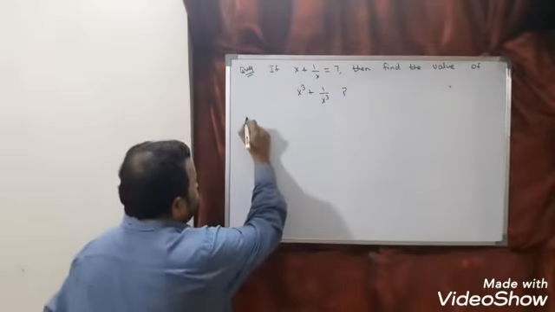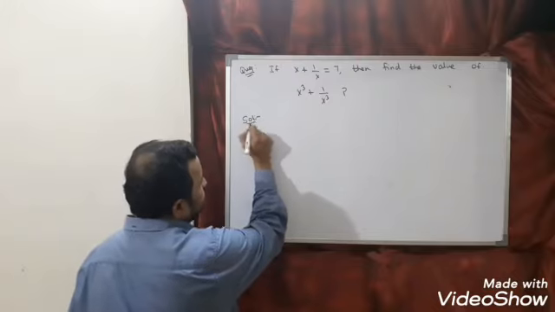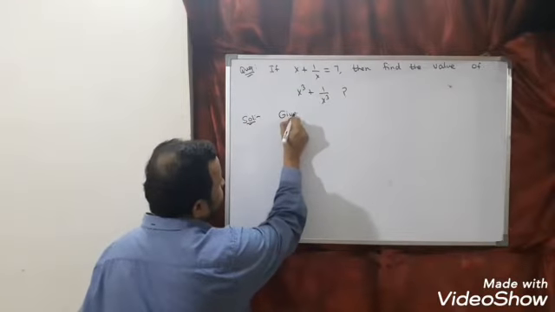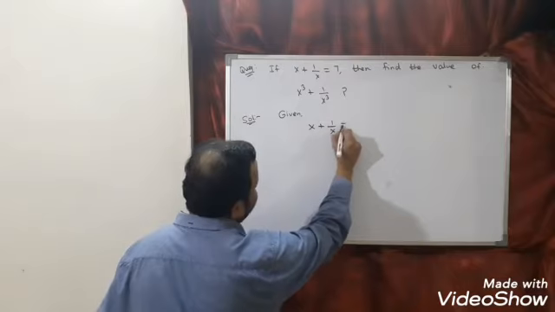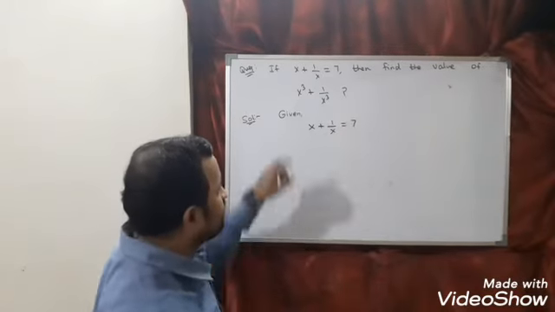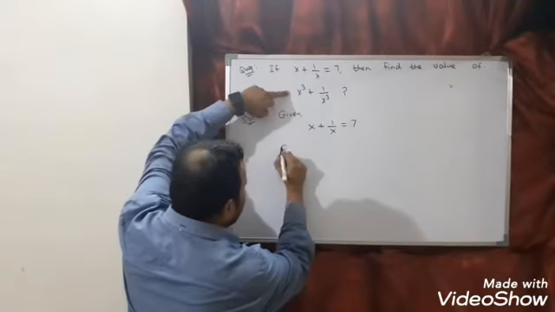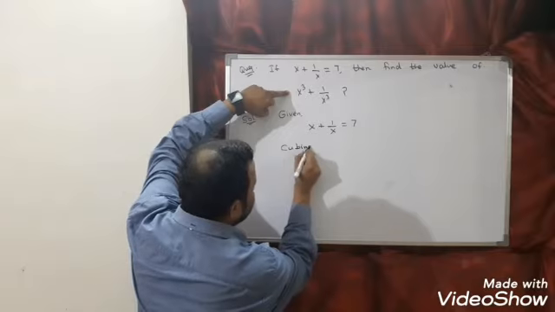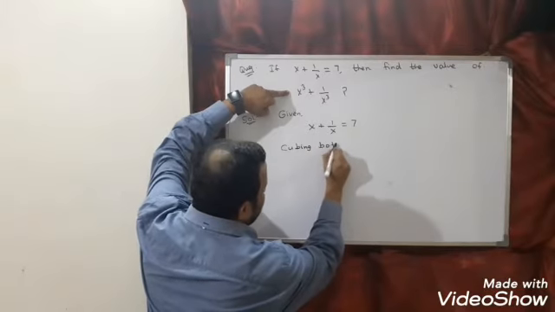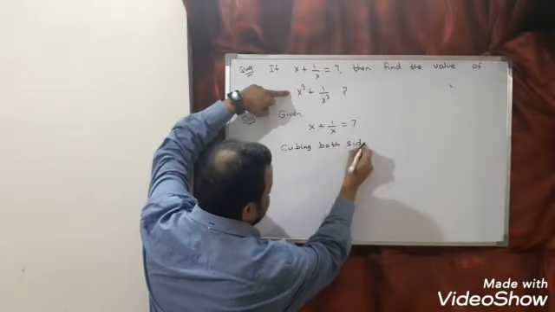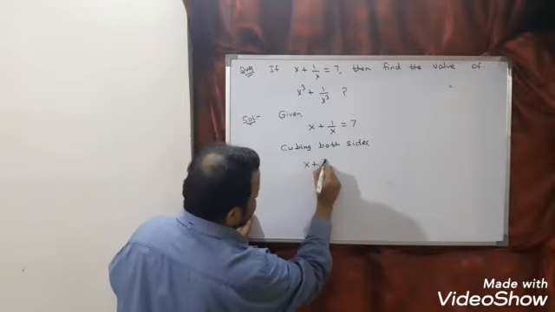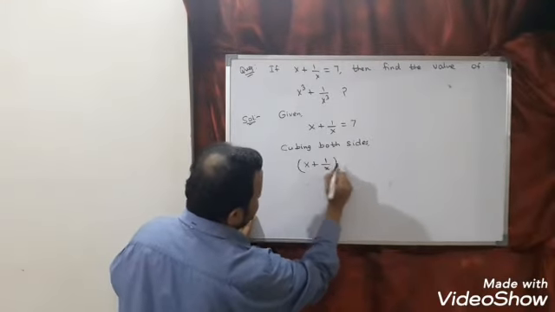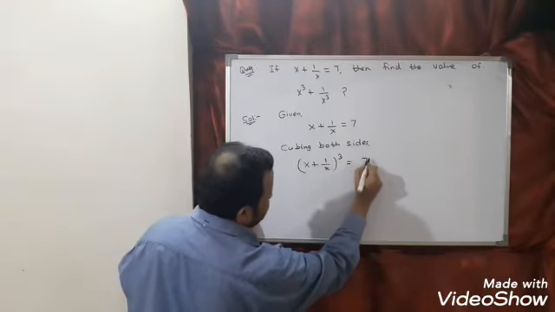What is given? x plus 1 by x is equal to 7. Since there is a cube here, we have to do cubing both sides. Now x plus 1 by x whole cube is equal to 7 cube.